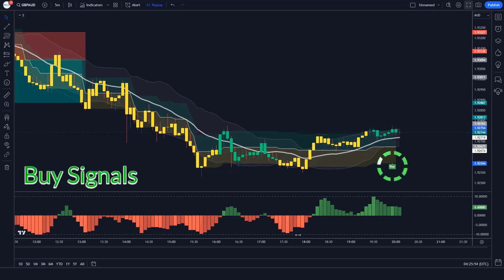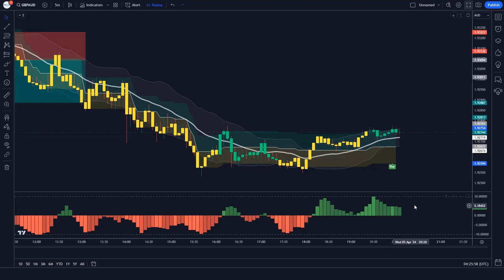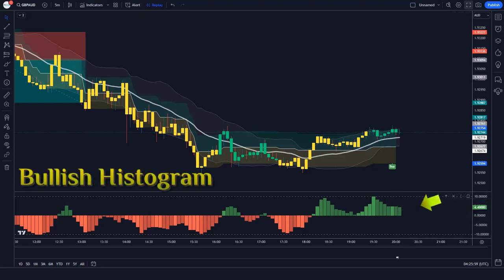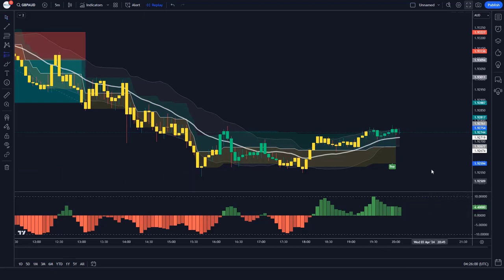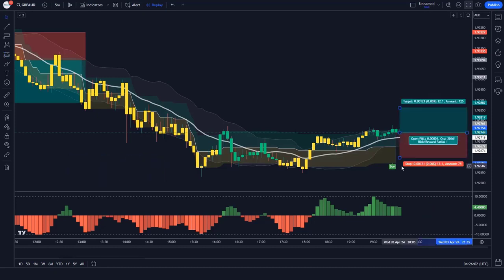The power trend volume range indicator gives us buy signals. The market is close with a bullish candle and above the middle level of the 5 EMA indicator. And the histogram of power oscillator indicator is bullish histogram. All these conditions are met, so we will place a buy order. Our stop loss will be placed at the lower level of the 5 EMA indicator.